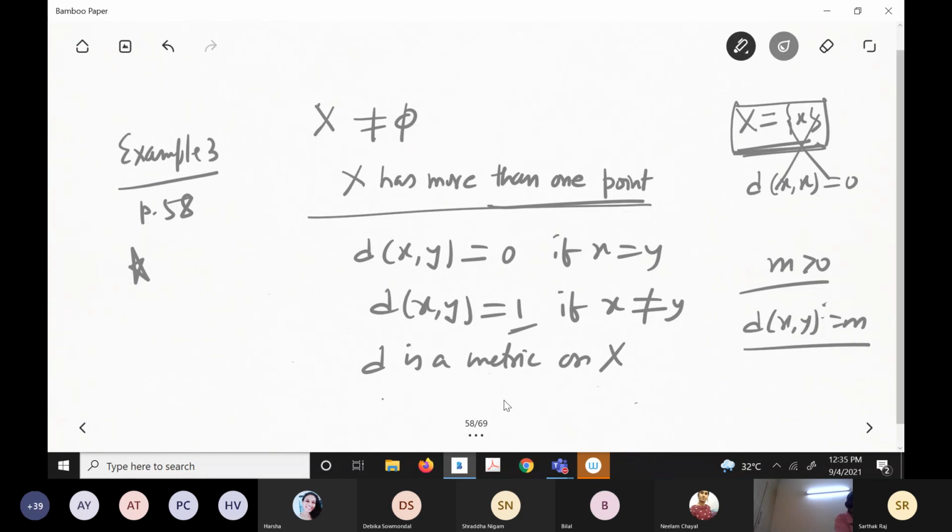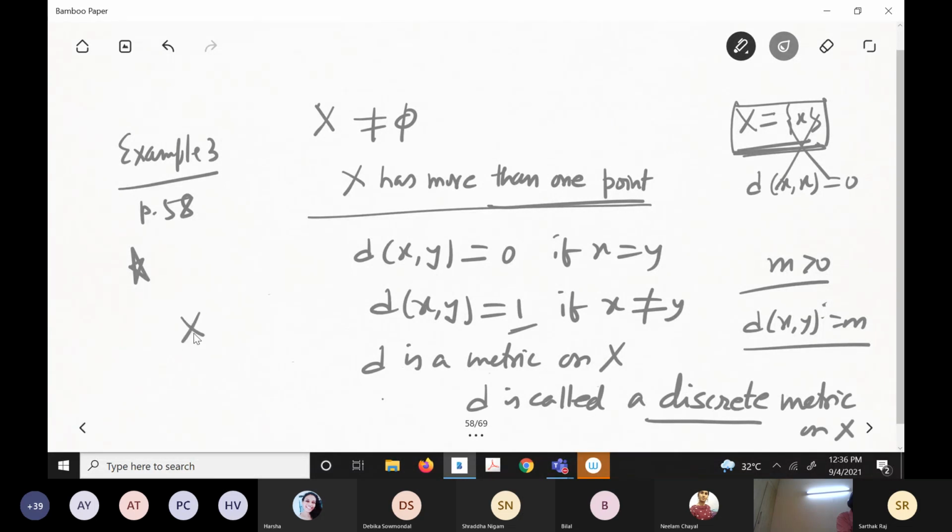So d is called a discrete metric on X. And then this pair (X, d) is called a discrete metric space.